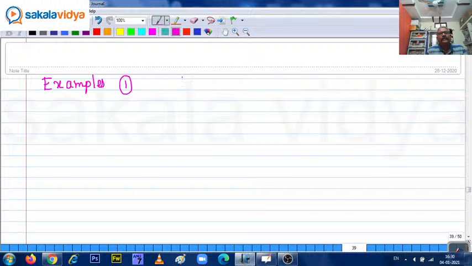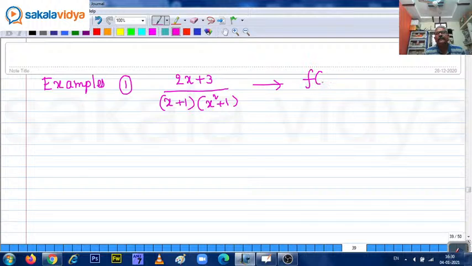So the first example: 2x plus 3 upon x plus 1 into x square plus 1. How could you find the partial fractions of this one? If you observe, this is in the form of f of x by g of x.